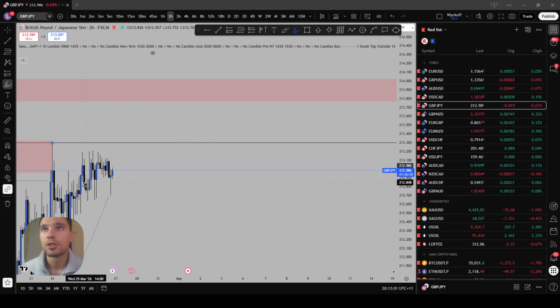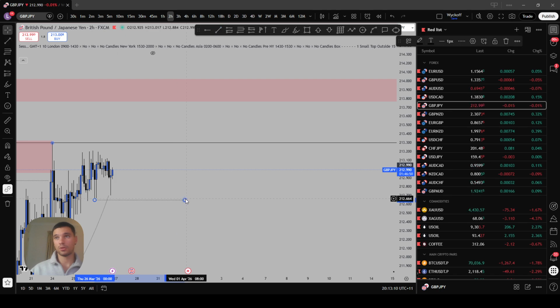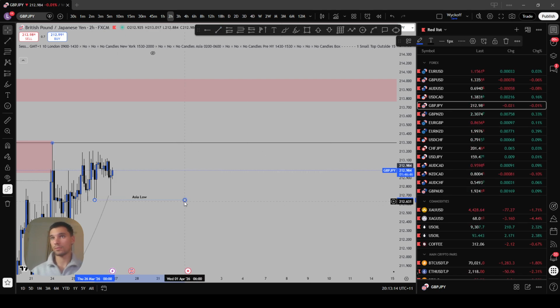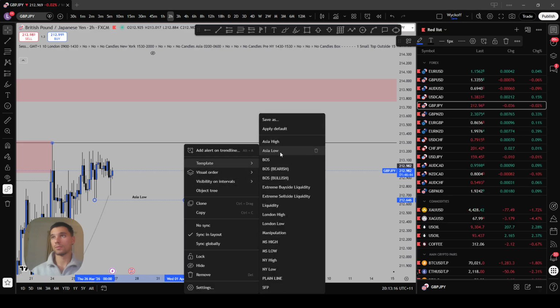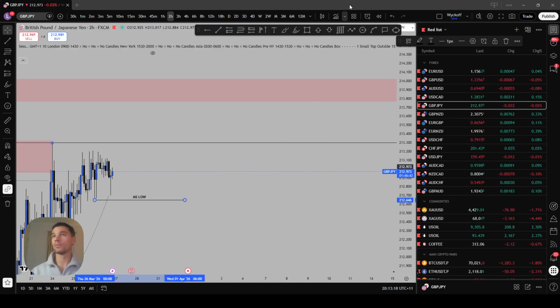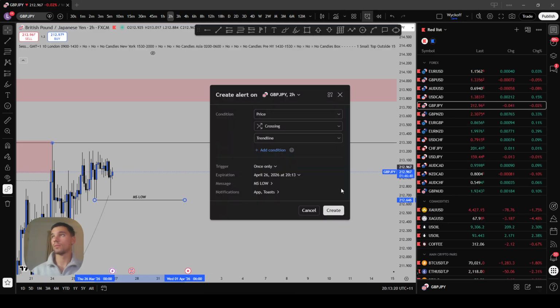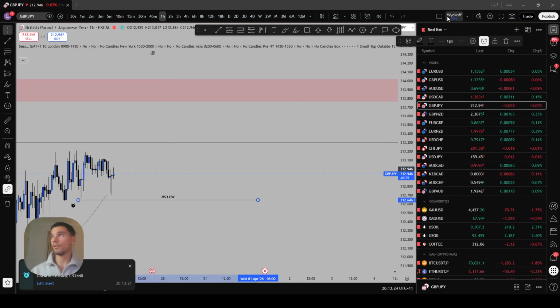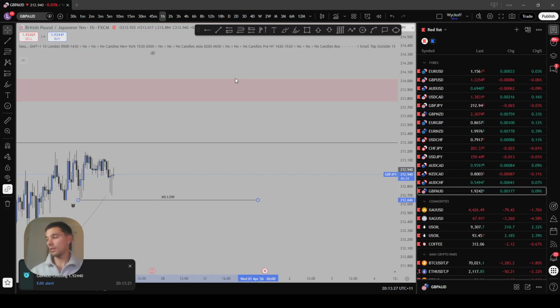Let's look at our market structure. Yeah, we haven't broken this low. This is our market structure low on the 2 hour. And we might have to exit this manually, and that is A-okay.